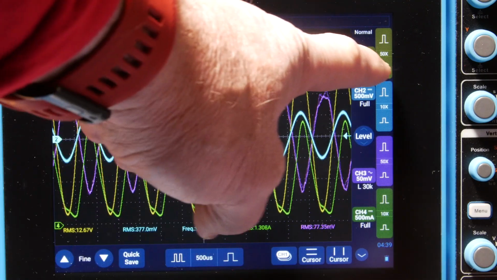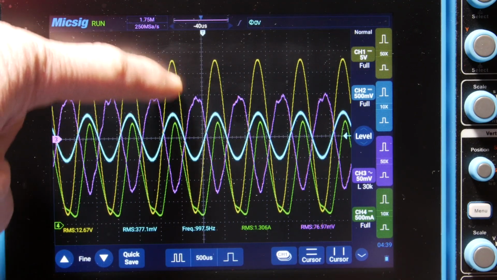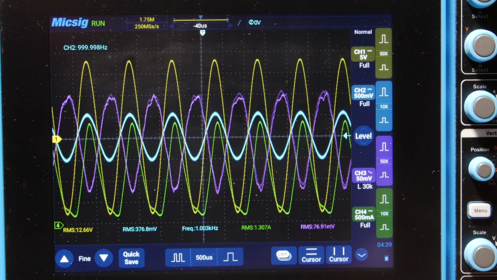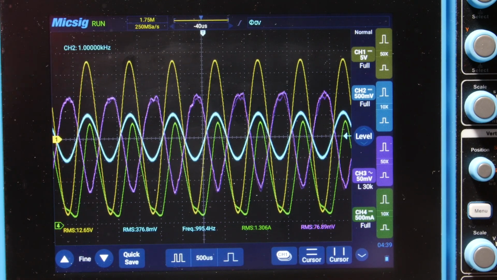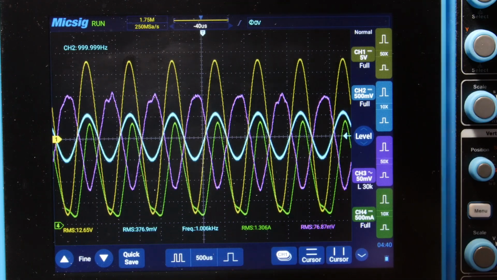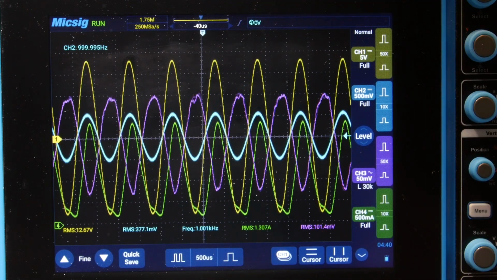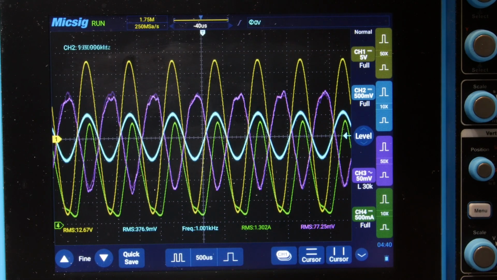If you look at this, 5 volts per division, we're 5, 10, 15, what is that? Not even 20 volts, right? Say 18 volts peak. So, putting out 28 volts, we still have 10 volts of headroom.